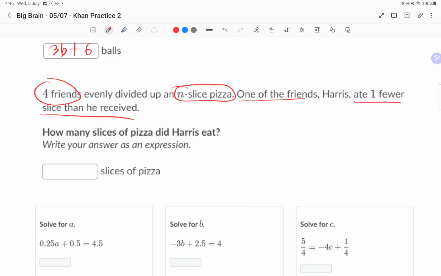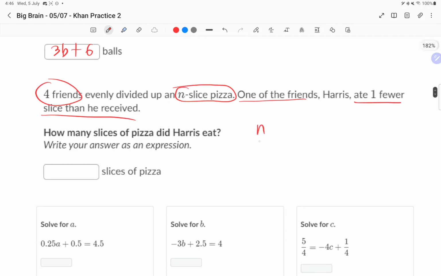So there are n slices of pizza. When you divide that by 4, supposedly if it's an even number, everyone would get n over 4 slices. So n divided by 4 is how many slices each person eats, right? Does that make sense? Because n slices in total, 4 friends.